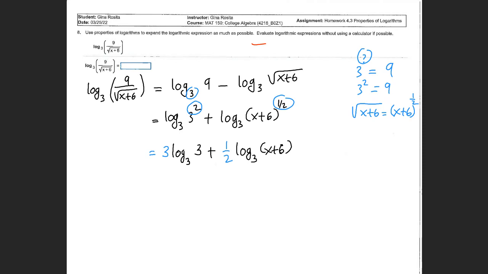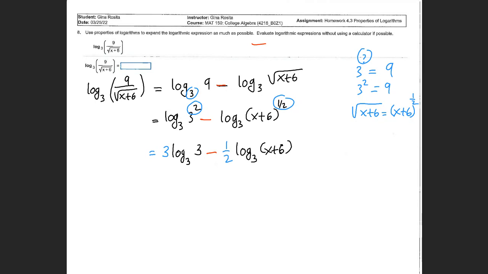Oh, this is minus, I'm sorry. I made a mistake. Just erase this one. This is minus, not plus, because this is minus. My bad. I'm sorry.